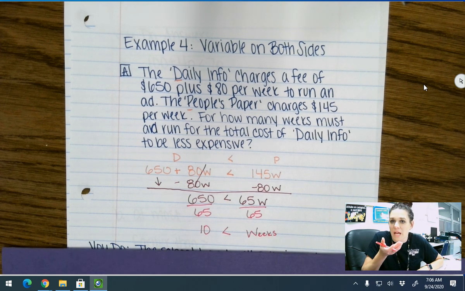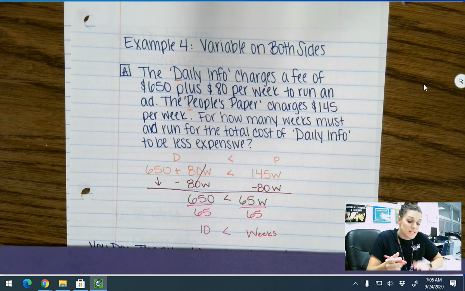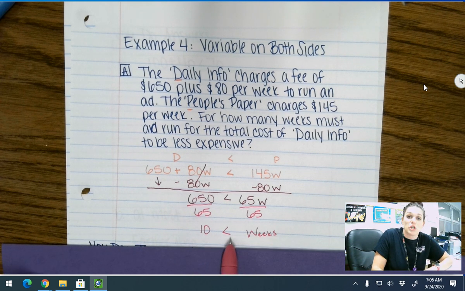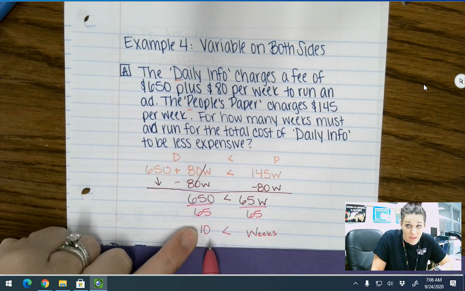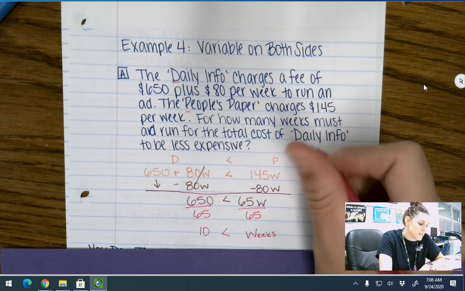The first question I have is, at exactly 10 weeks, is the Daily Info cheaper? No, it's not. The Daily Info is going to be cheaper at more than 10 weeks. So we have to declare our answer.